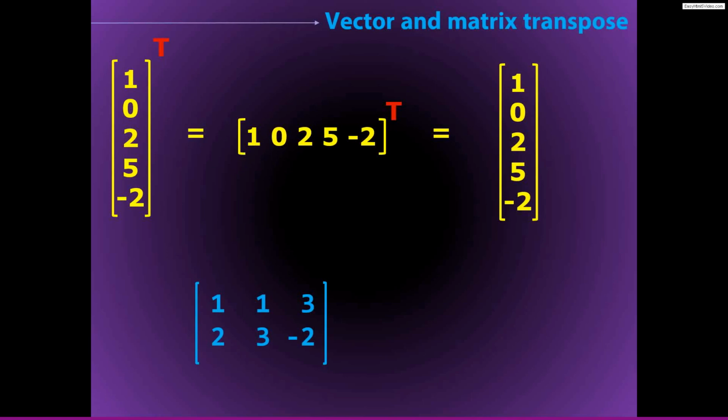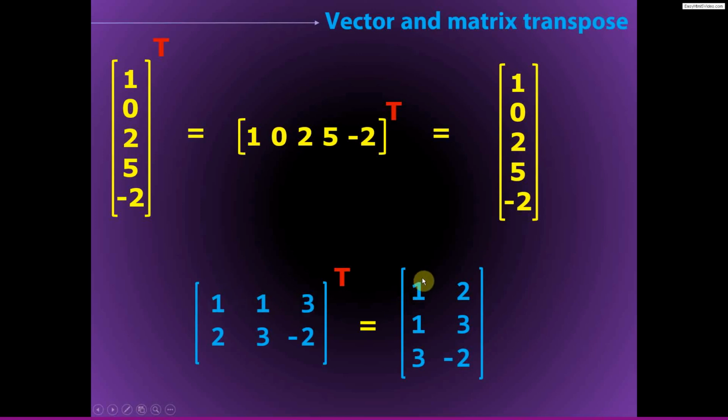So that's transposing vectors. Transposing matrices is the same concept, except now the matrix is a little bit bigger. So the transpose of this 2 by 3 matrix is this 3 by 2 matrix. And there are two ways to interpret this matrix transpose. You can say that each row has turned into each column.